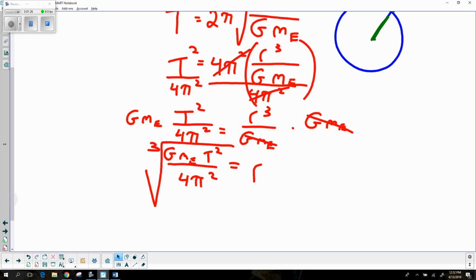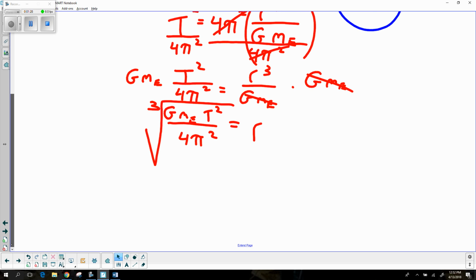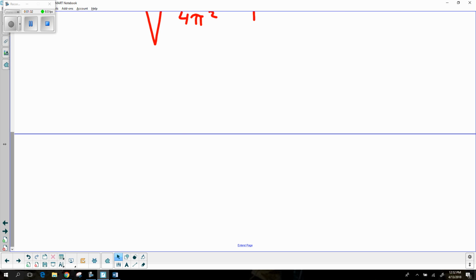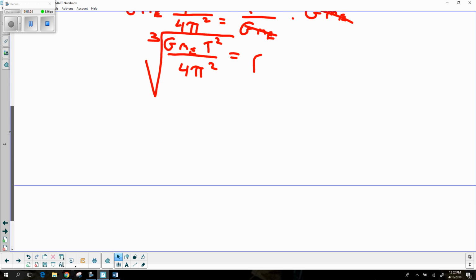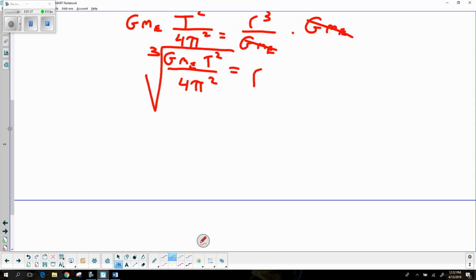I'm ready to fill in some values now. So, when I fill in these values, the universal gravitational constant is probably an excellent thing to have on your note card, and that should be what? Big capital G. Yep.